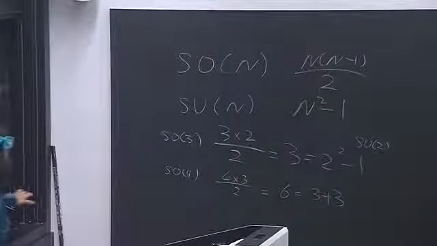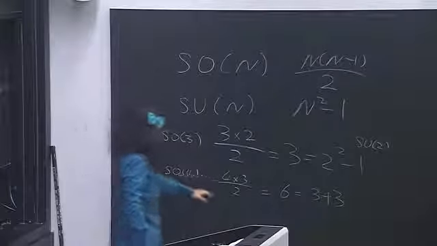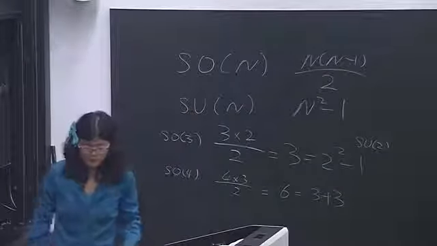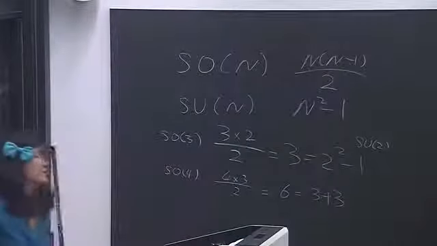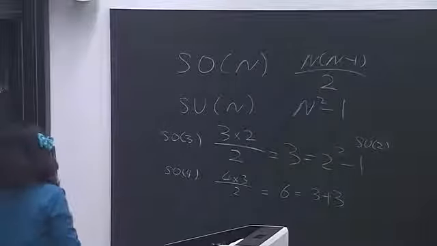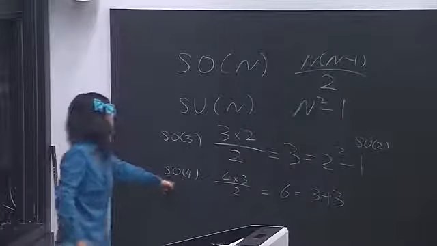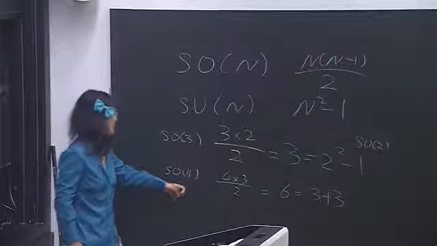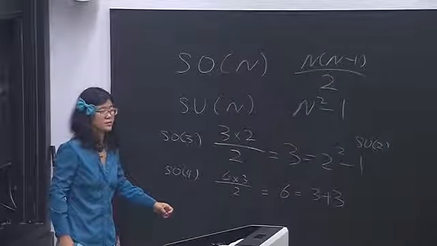So that curious fact will be reviewed at the last lecture when we attempt to classify all Lie groups. Then you would realize this is really a direct sum of 2 SU2s.